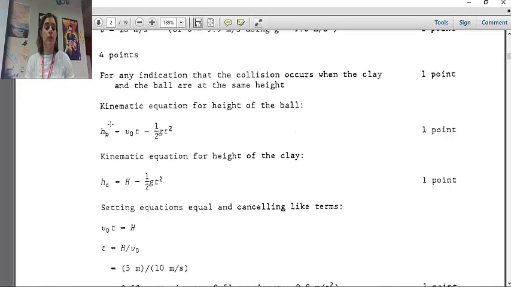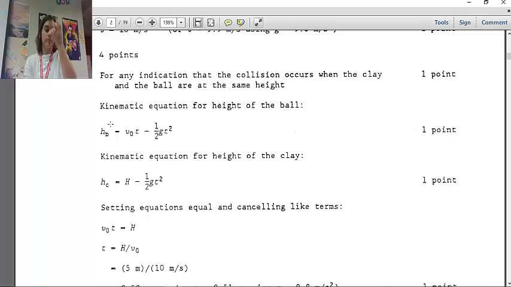So therefore, we can use a kinematic equation that has constant acceleration, which is that the height of the ball is going to equal its initial velocity upward, so it's positive, times time, minus 1/2 g t squared, and minus because it's in the opposite direction for the acceleration. Okay?